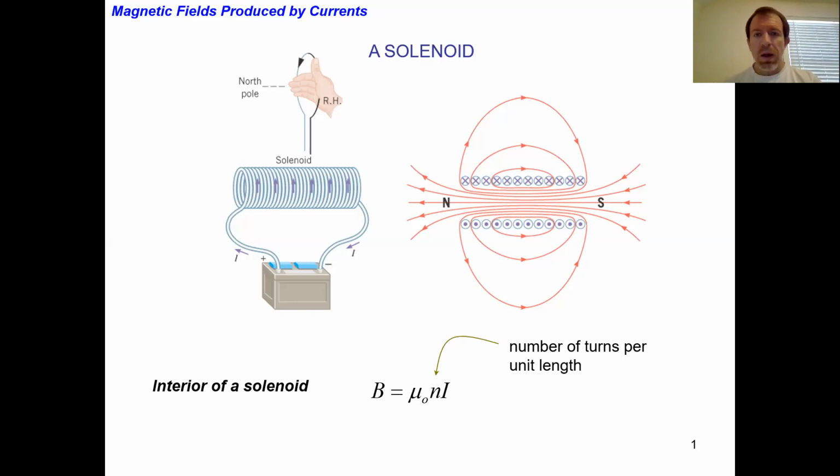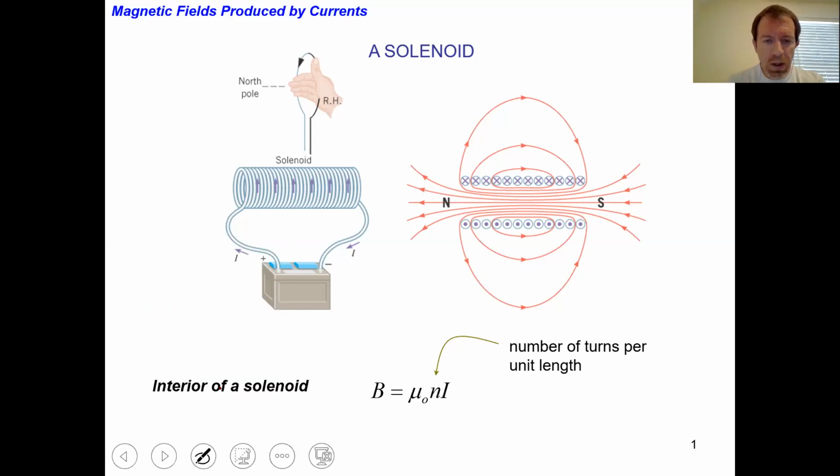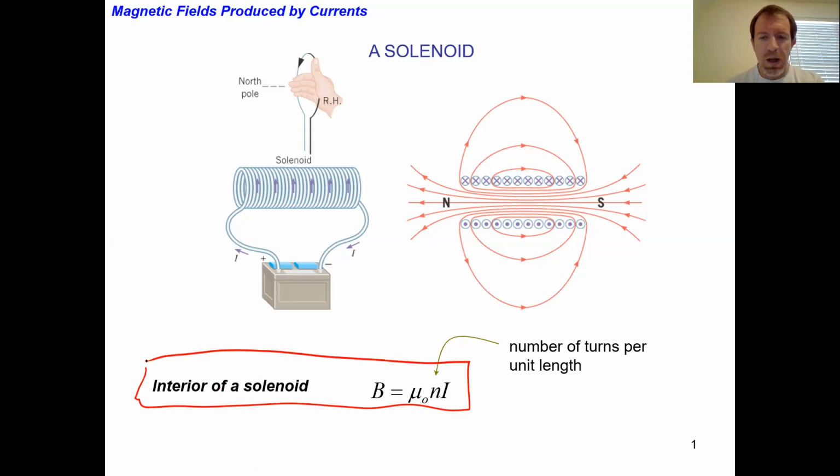Now, one thing that this particular screen does not have, unfortunately, is information about what's going on outside of the solenoid. Inside of the solenoid, we've got B is equal to mu naught times small n times I. Outside of the solenoid, that magnetic field is very, very small.